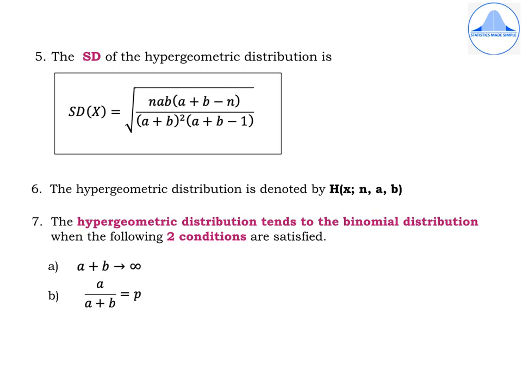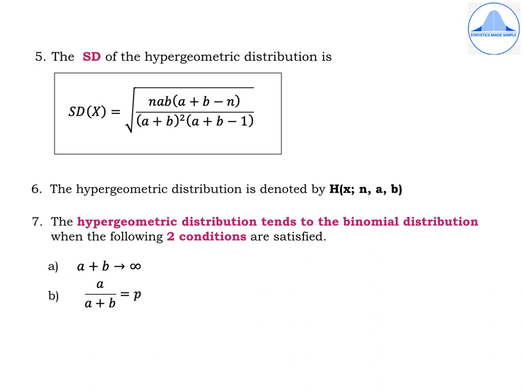The sixth property is that the hypergeometric distribution is denoted by the notation. First you write capital H, which stands for hypergeometric. Then within brackets you have the values of the variable, that is denoted by small x, followed by a semicolon, and then you write the three parameters, that is n, a and b.